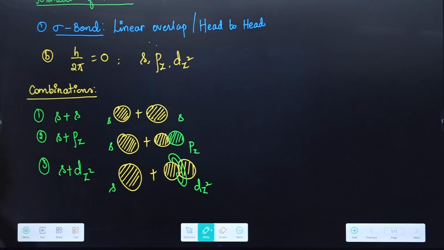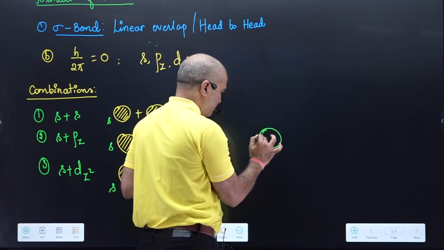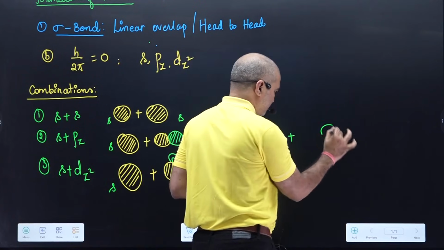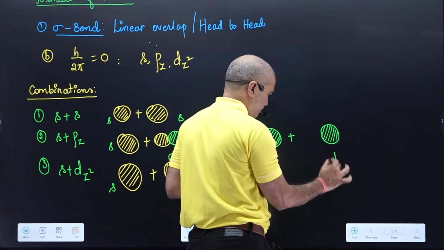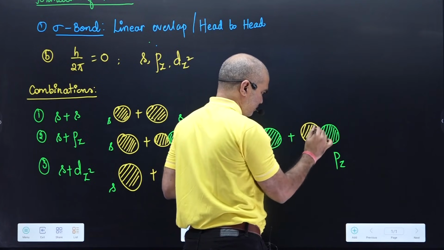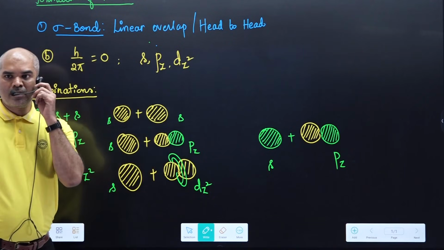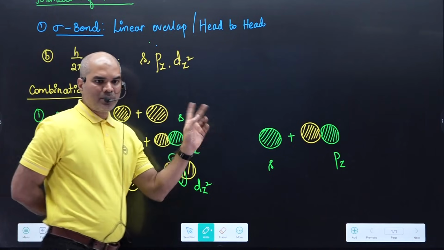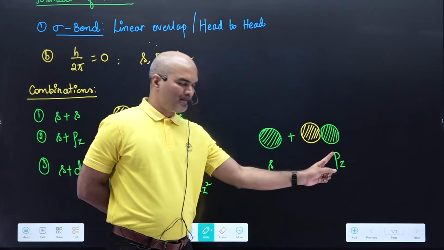Symmetry allowed combination means, suppose if I take s orbital, can they form a sigma bond? S and pz? No. Symmetry has to allow the combination. This is S, this is pz.